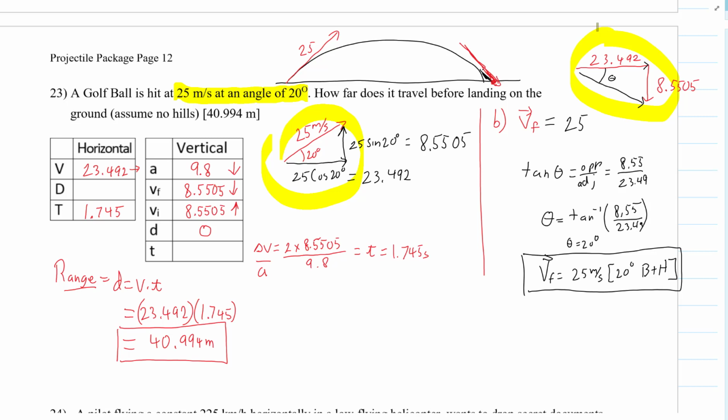So when something is a level ground projectile, it lands at the exact same two-dimensional velocity as it is launched. Of course, that's in a perfect physics world with no friction.